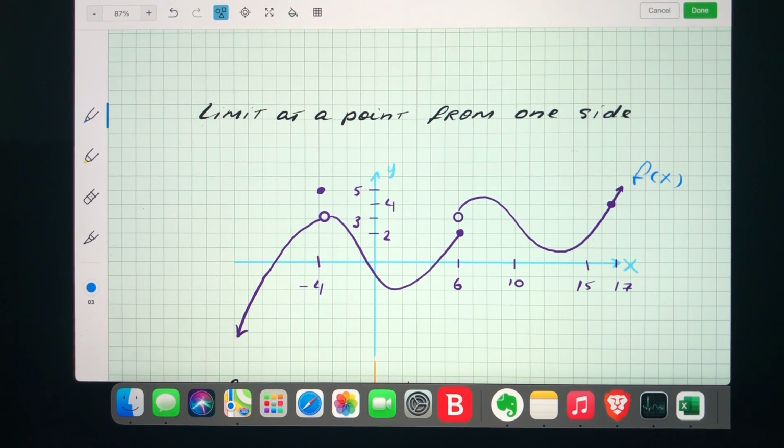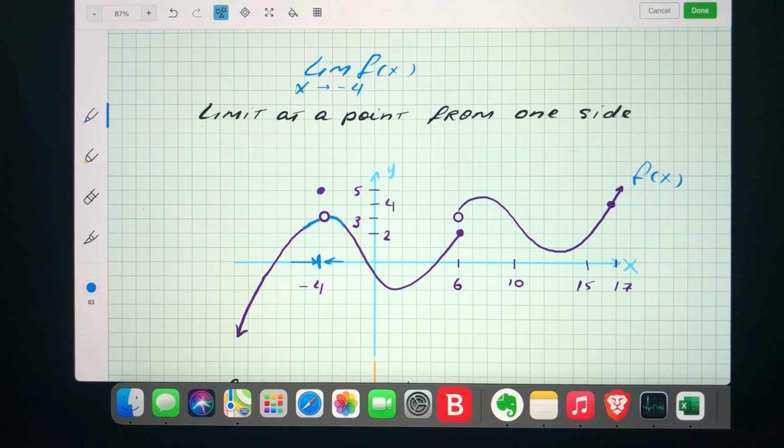So if somebody asks, what is the limit of our function as x approaches -4, which is this point here, they're asking, what is the height of my function, which is what is the y value, as I'm approaching -4 from the left side and from the right side. And we're looking at the height and we're asking what is that height.